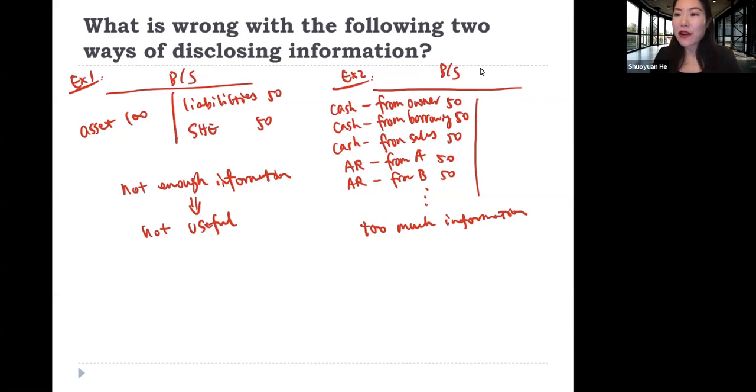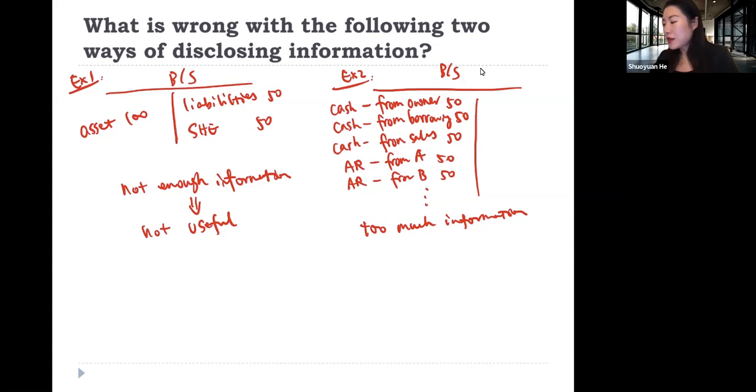Whether it's cash from the owner, cash from borrowing, cash from sales, it's all identical cash that I put in my bank. So it doesn't really matter for investors that much for knowing where that cash is from. The same with account receivable. No matter whether it's from person A, person B, person C, it's just all account receivable for me.